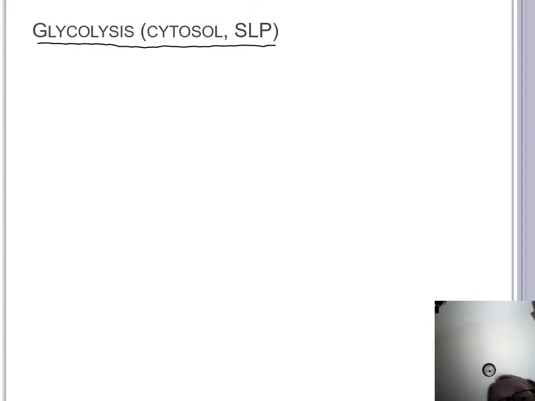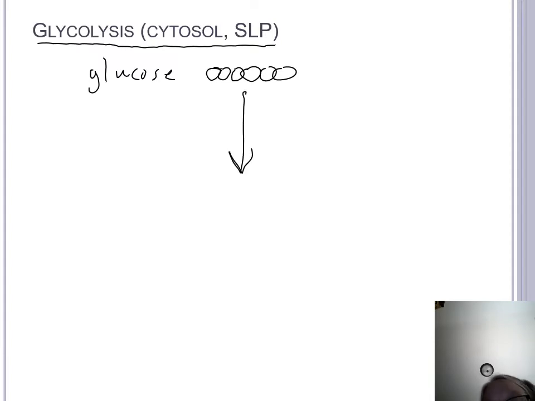In glycolysis, we need to start off with a glucose molecule. In order to draw a glucose molecule, we're going to draw 6 circles: 1, 2, 3, 4, 5, 6. That represents the 6 carbons in that glucose molecule. In the process of glycolysis, sugar cut, we're going to take this glucose molecule and chop it in half.